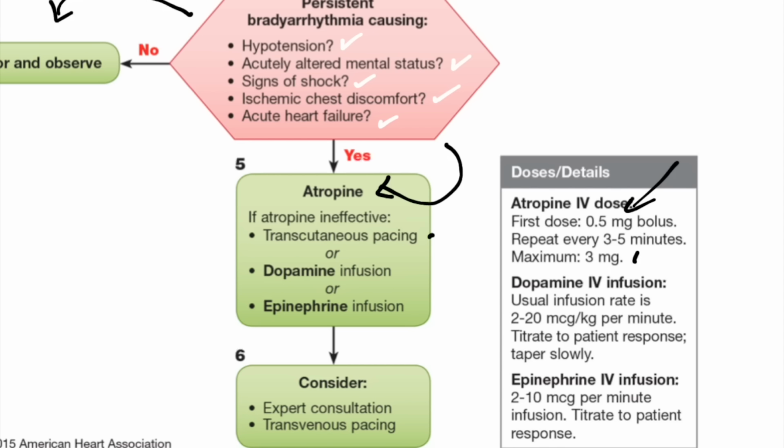One of these three things: either transcutaneous pacing, dopamine, or epinephrine. They all have their benefits, and they all have their downfalls. For instance, transcutaneous pacing is an elite skill. Not a lot of people are actually very good at transcutaneous pacing, and I'm going to provide some pro tips for clinicians in this video.